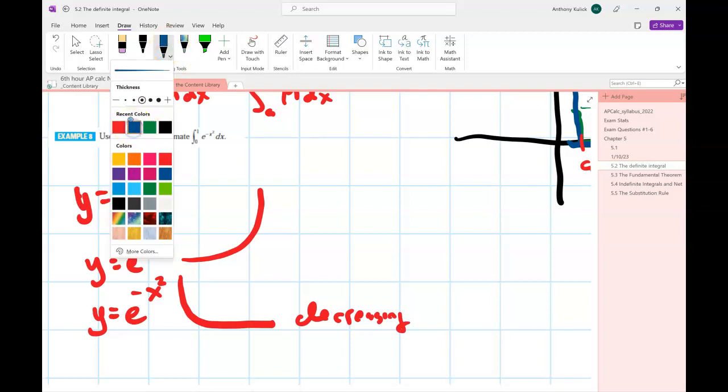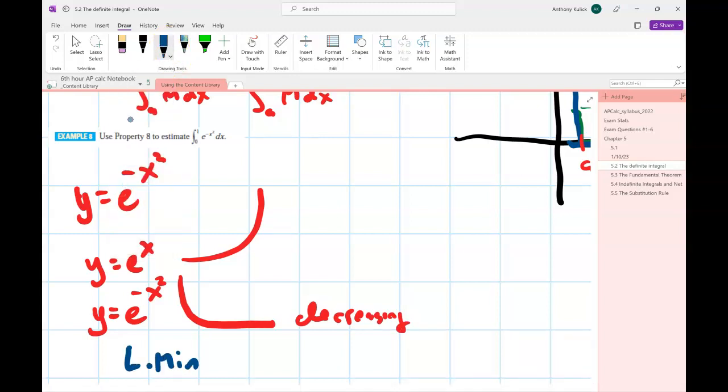So my local minimum, little m, is going to be f of the, I'm sorry, my local maximum. I'm sorry, my local minimum is going to be the furthest right point I have, so that's going to be the 1.